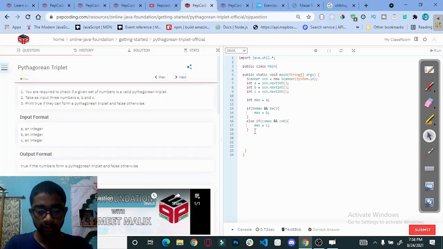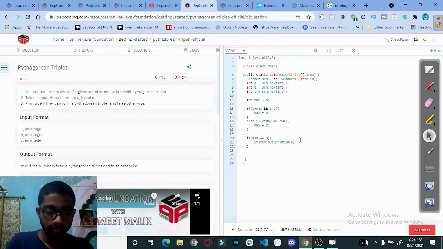Now if the maximum number equals a, that means a is the hypotenuse. So print system.out.println b square plus c square equals a square.